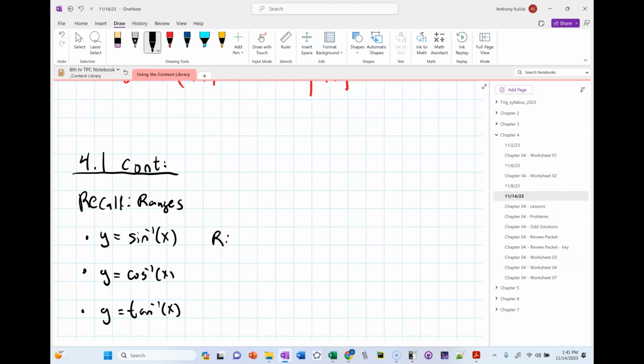The range of sine inverse goes from negative pi over 2 to positive pi over 2. The range for cosine inverse goes from 0 to pi. And the range for tan inverse goes from negative pi over 2 to positive pi over 2.